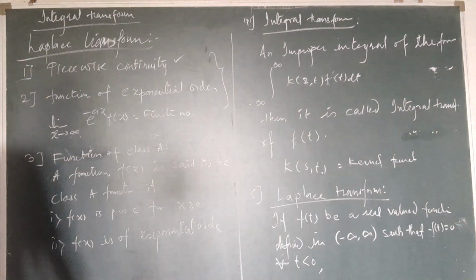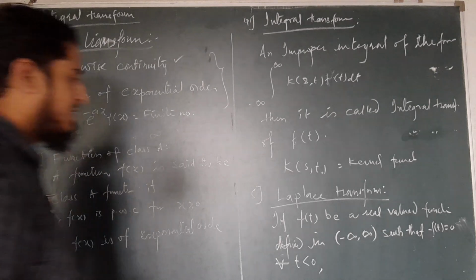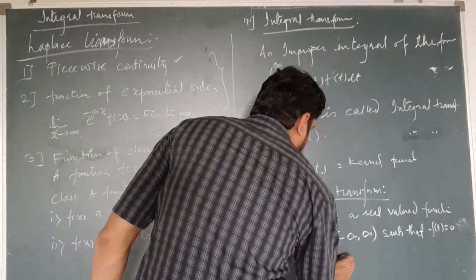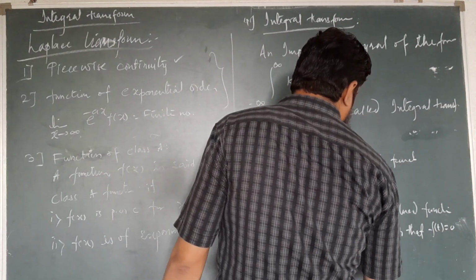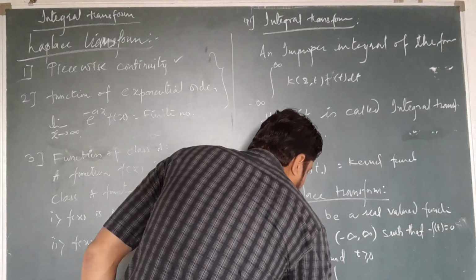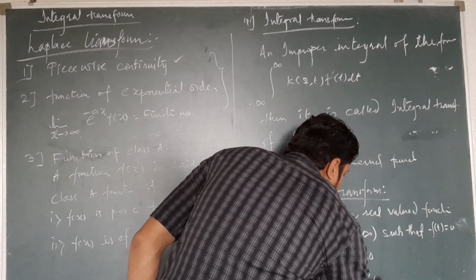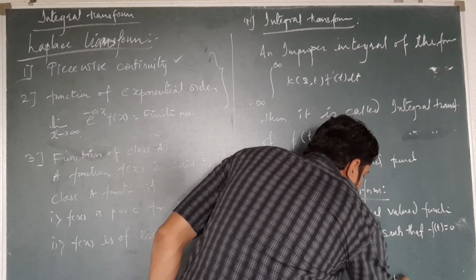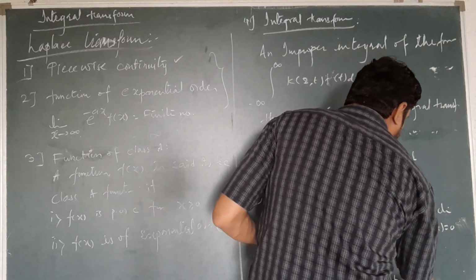And for t greater than or equal to 0, integration from 0 to infinity of e raised to minus st into f of t dt is called the Laplace transform.